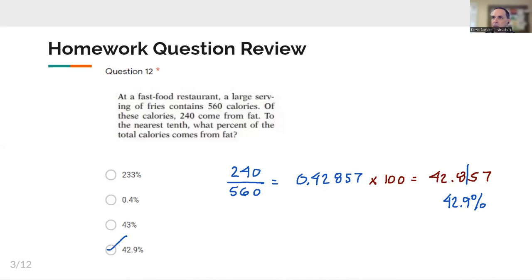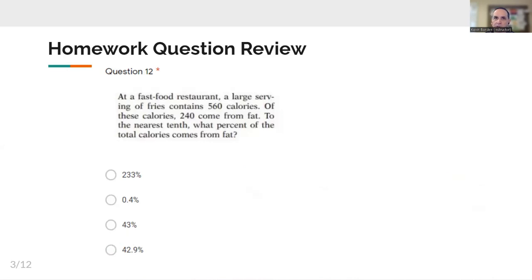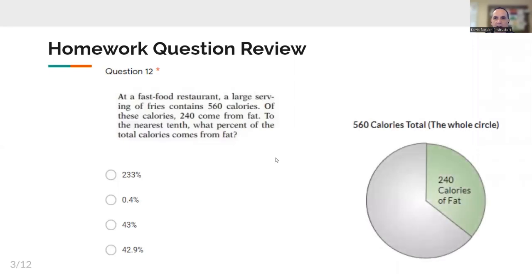So once again, if you want to review these explanations with this video class, you can pause and go back. There's the picture that I made to help understand what's going on in this problem as well. We're going to talk about pie charts later on in this lesson. So the total size of the pie is the total amount of calories in the fries.